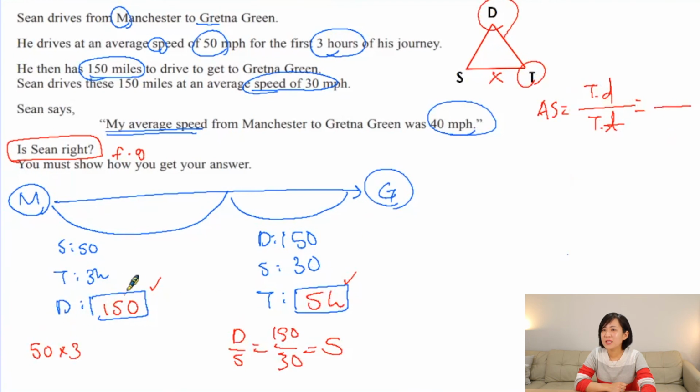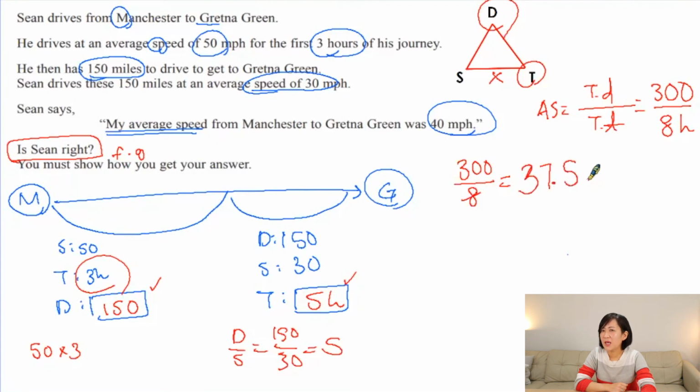Adding the distances, total distance is 300. Then we need to find our total time: 3 add 5 is 8 hours. Then our average speed is 300 divided by 8. I'm going to calculate it in my head: 37.5 miles per hour. This is our average speed.